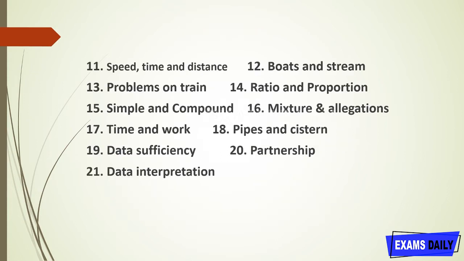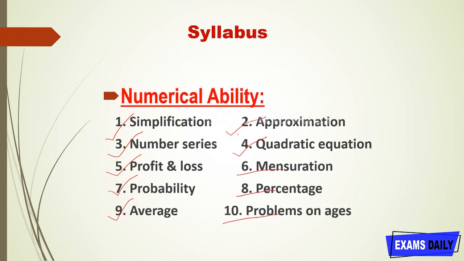And then speed, time and distance, problems on trains, simple and compound interest, time and work, data sufficiency, data interpretation, boats and stream, ratio and proportion, mixtures and alligation, pipes and cistern, and partnership. These are the syllabus for numerical ability.